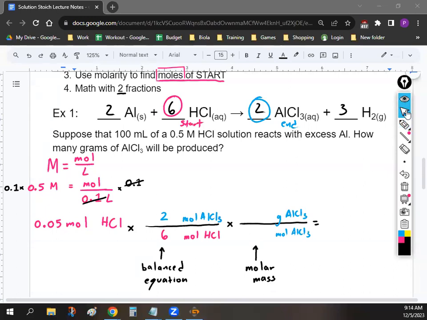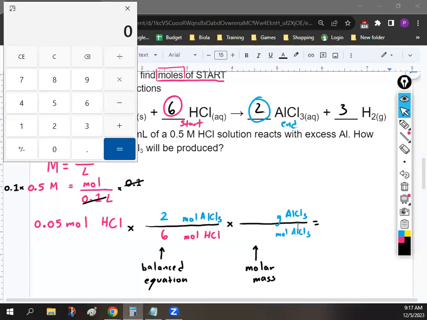All you have to do is figure out the molar mass, plug it in, and solve. I'm going to give you guys about 2 minutes. See if you can find the molar mass of AlCl3, plug it into this fraction, and solve out the entire equation. Then we'll go over it together to check our answers.